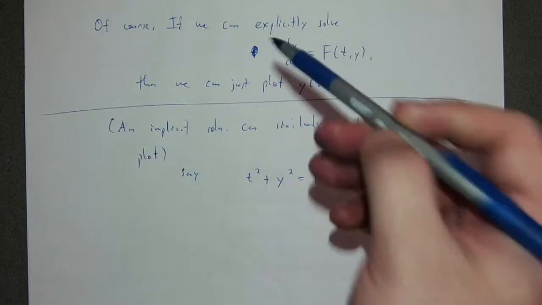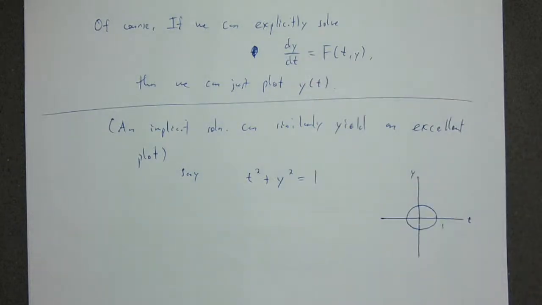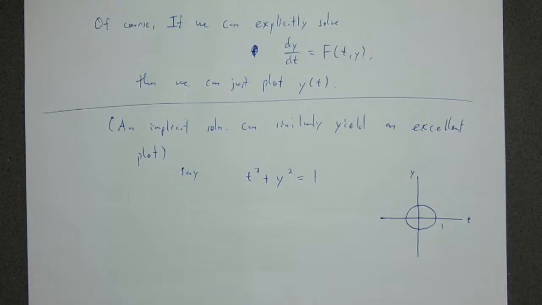So if it's explicit, we're the happiest, but even an implicit solution can yield nice plots of the trajectories of the solutions. Like if you think about this as some evolutionary system in time, then you can just see the trajectories corresponding to solutions to these equations. Okay. So that's all for graphical methods for now.